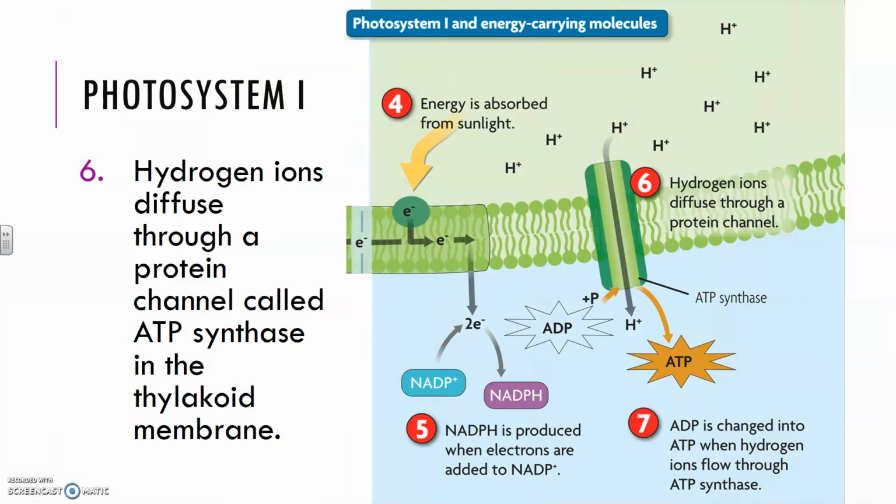Alright, so you still have all of these hydrogen ions built up inside of the thylakoid from photosystem 2. So those are now going to find a protein channel called ATP synthase. Okay, so that actually tells you what it does. It synthesizes ATP, so it creates ATP. Right? So when those hydrogen ions pass through ATP synthase, they're going to leave a lot of the energy that was used in forcing them across the membrane against their concentration gradient.